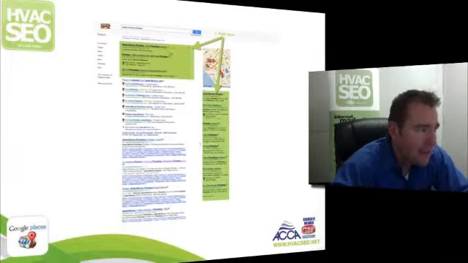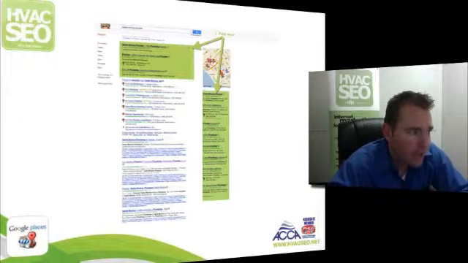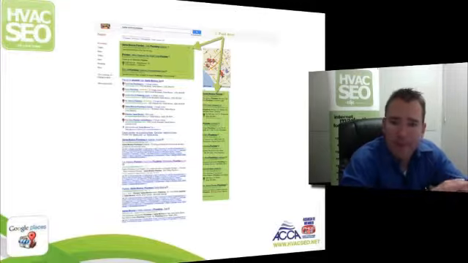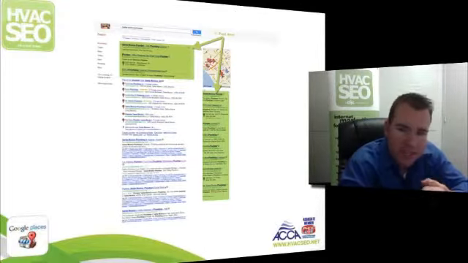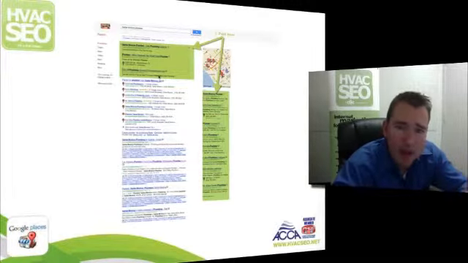The pay-per-click listings, or the paid area, is driven by AdWords, which is Google's paid advertising. And this is where Google actually makes its money. It sells advertising, and it's sold on a pay-per-click basis. So with a pay-per-click advertising campaign, you can pick your keywords: AC repair, heating repair, your city plus AC contractor, your city plus AC installation, and within relatively short order be showing up in the paid listings for the words that you want to show up for.